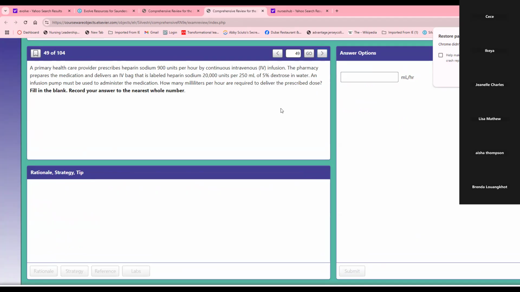Okay, let's try this one. Again, what's the question asking us? How many milliliters per hour are required to deliver the prescribed dose? So how are we going to set it up?